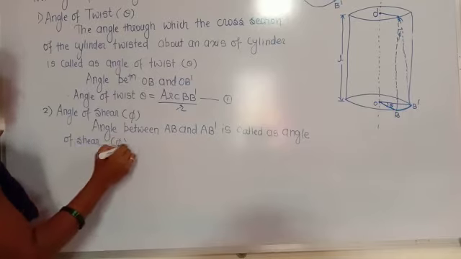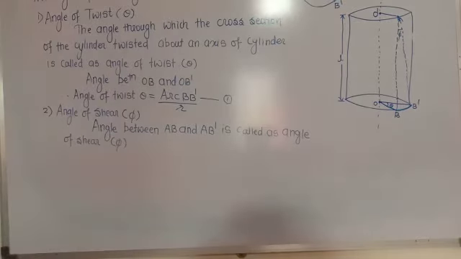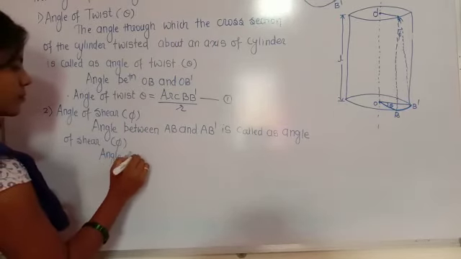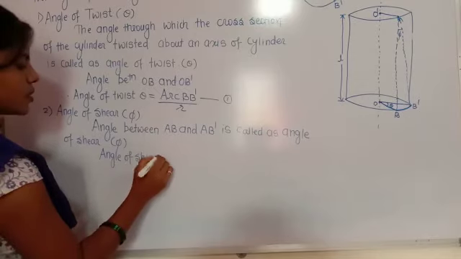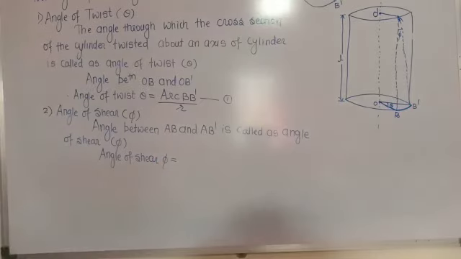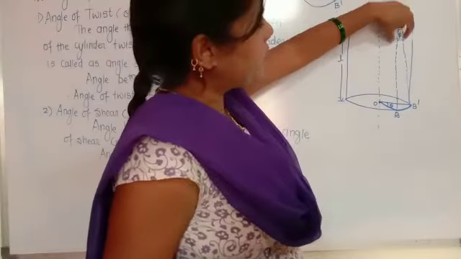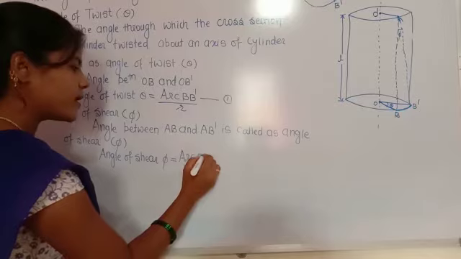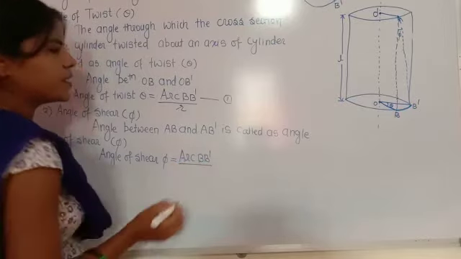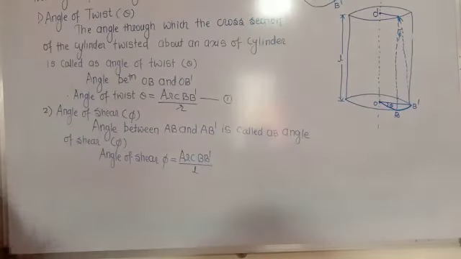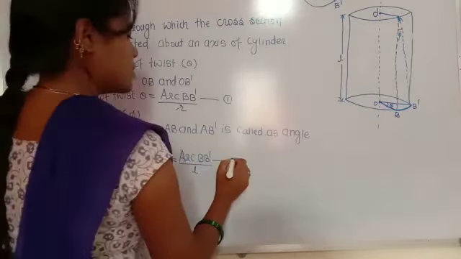That is phi. So the angle of shear phi is equal to, we are calculating this arc BB dash divided by, and this is nothing but the length. So arc BB dash divided by L. So this is the second equation, the angle of shear.